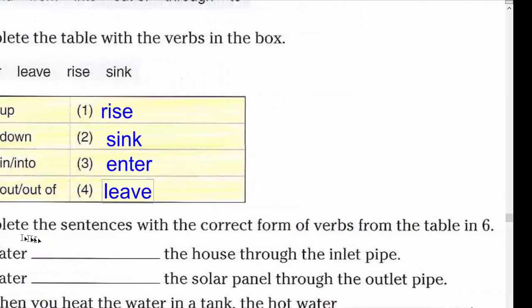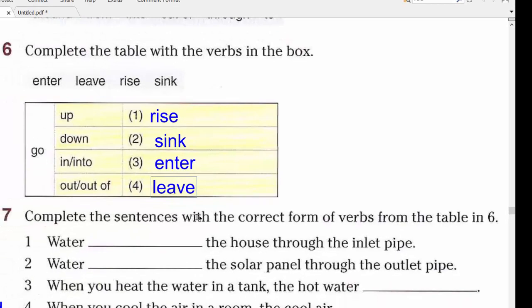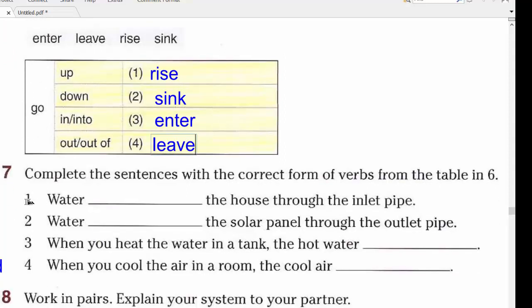Now exercise 7. Complete the sentences with the correct form of verbs from the table in 6. Number 1. Water the house through the inlet pipe.